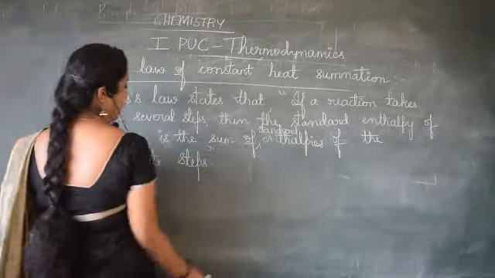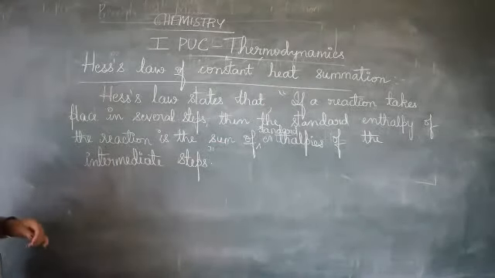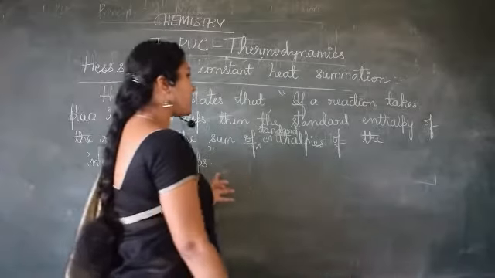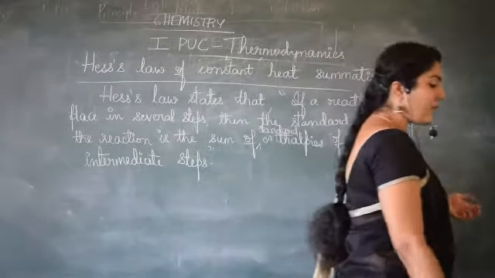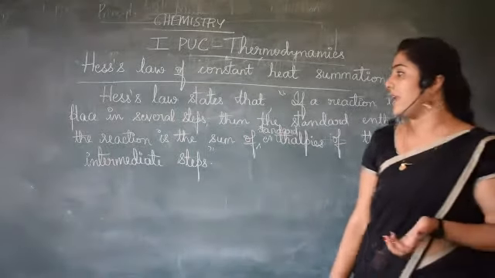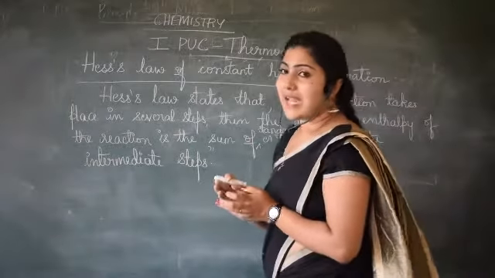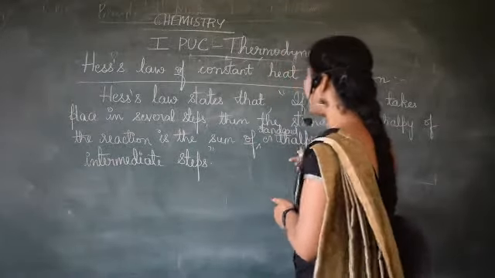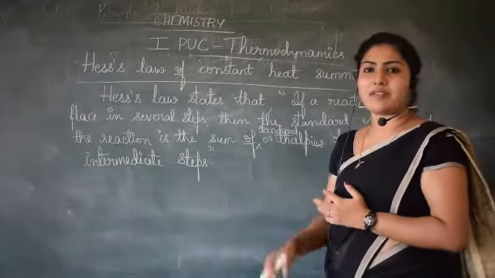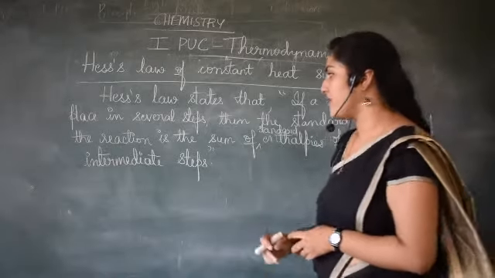This is Hess law of constant heat summation. That is, if a reaction is taking place in several steps, that is one or more steps, then if you want the standard enthalpy of the reaction, take the sum of the enthalpies of the intermediate steps. This is what it means.